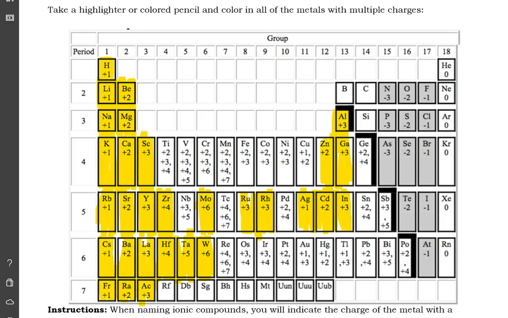Okay, these guys are all monovalent. Okay, now you're going to switch colors and we're going to do blue. And we'll do all of the metals that have more than one charge.